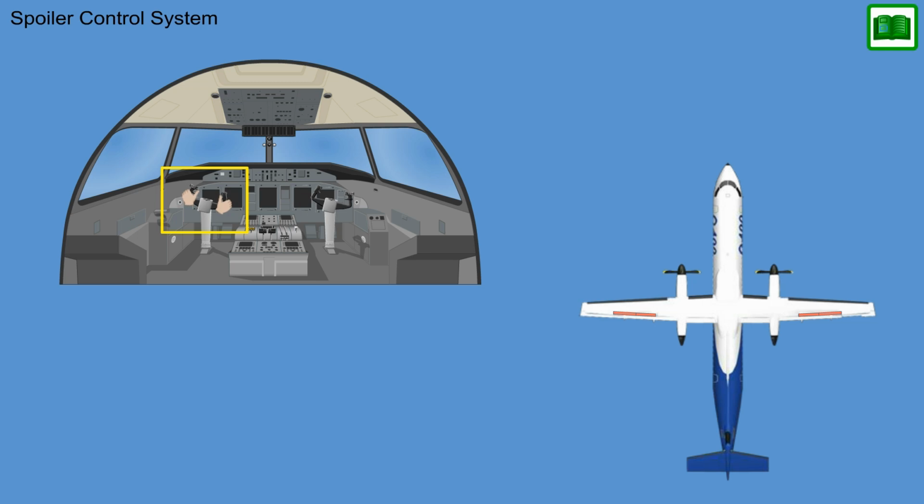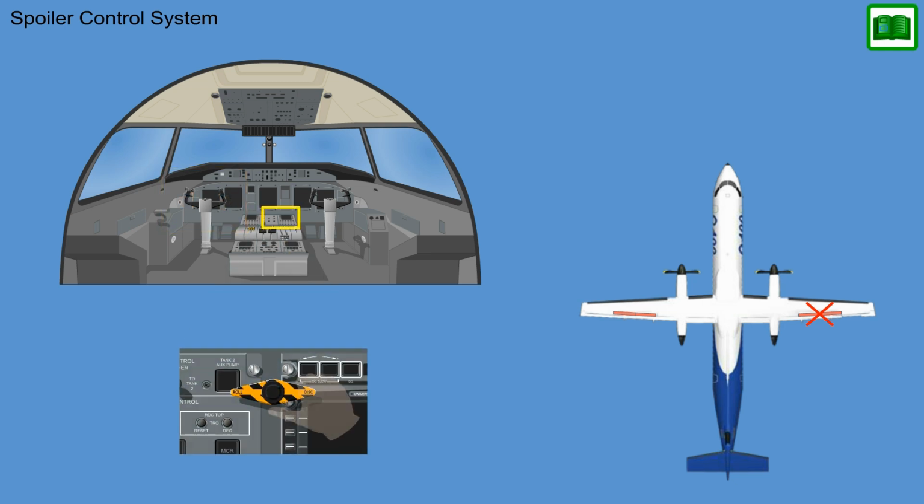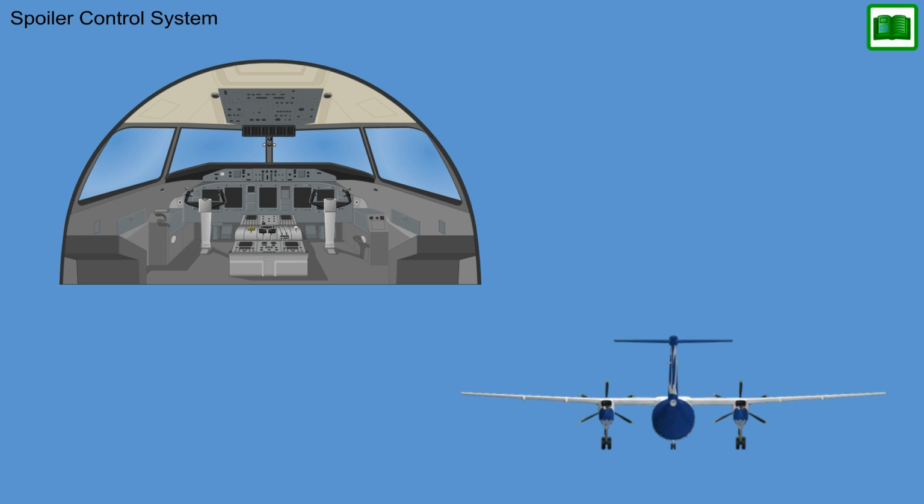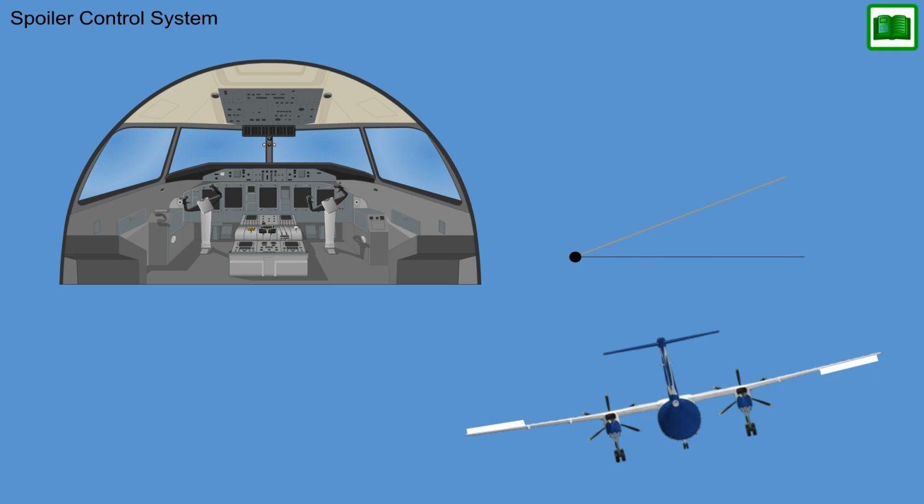In case of a non-indicated jam in the roll control system, the roll disconnect handle must be pulled in order to separate aileron and spoilers. This closes the roll spoiler disconnect jam switches. If the roll spoiler system is now found to be jammed, a large aileron deflection is necessary to correct a roll.